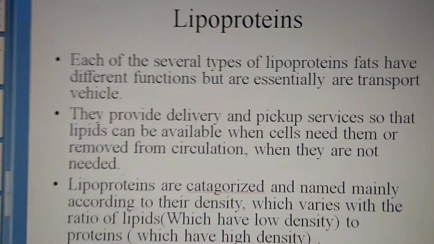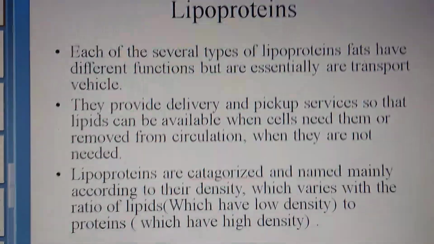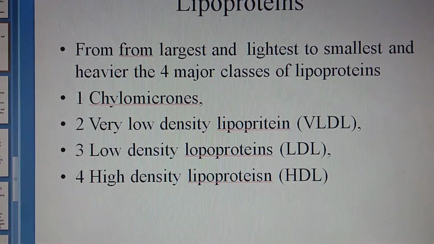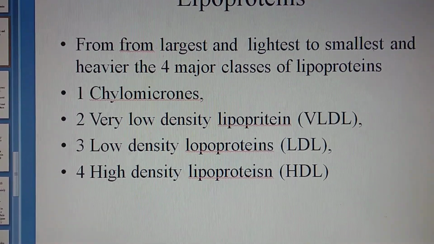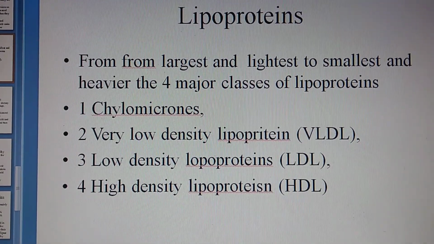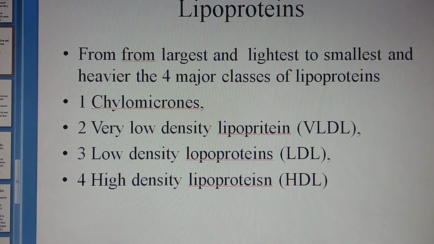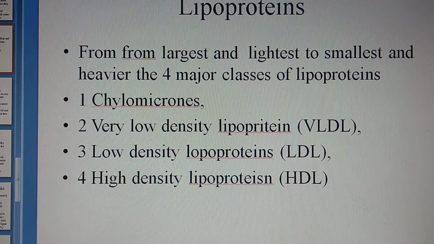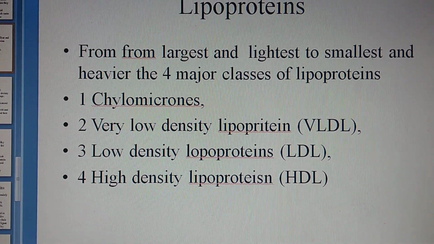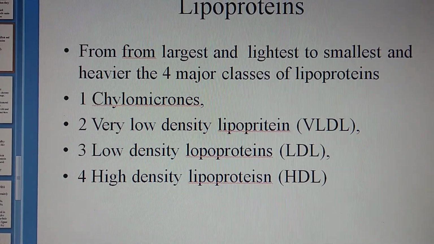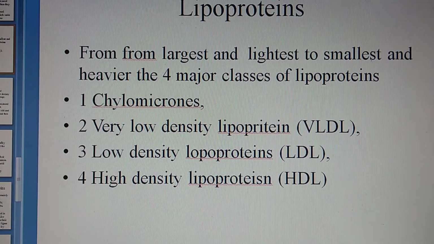Lipids have low density and proteins have high density. The ratio is from largest and lightest to smallest and heavier. The four major classes of lipoproteins are chylomicrons, very low density lipoprotein cholesterol, low density lipoprotein cholesterol, and high density lipoprotein cholesterol.